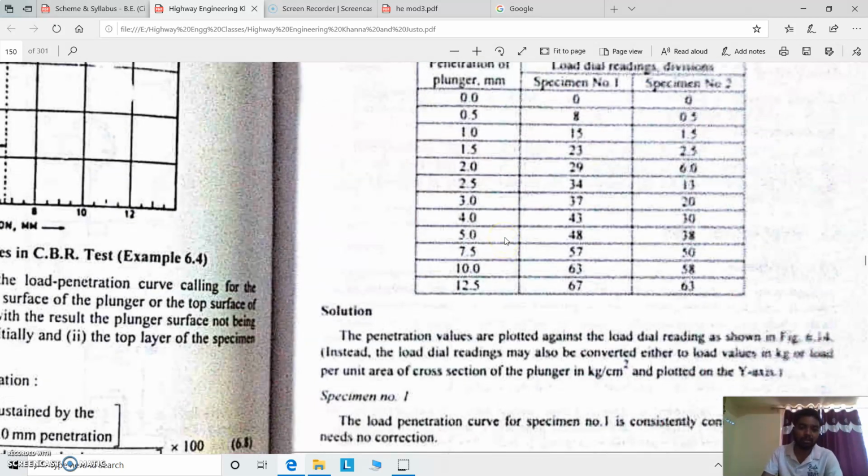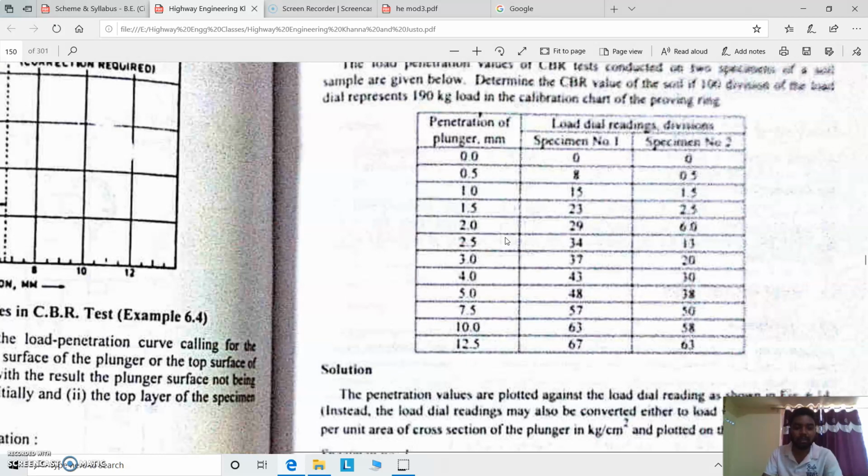In this question we have to check the California bearing ratio, that is the CBR value, for a specimen only at 2.5 mm and 5 mm penetration. We don't have to check any other values here.